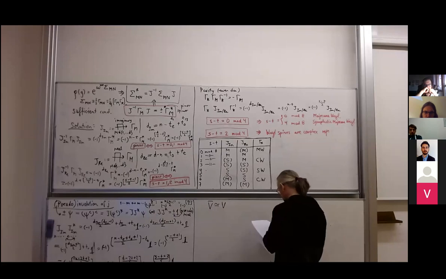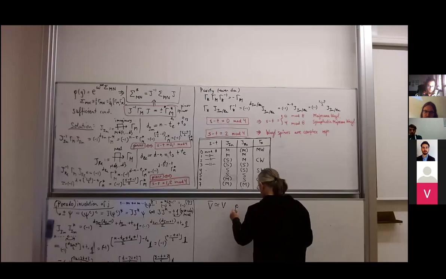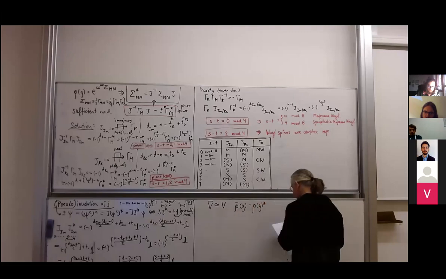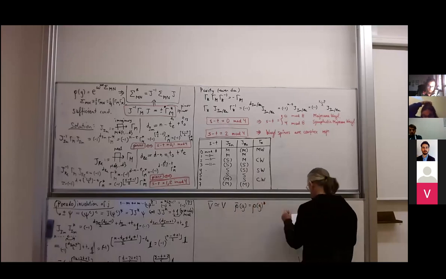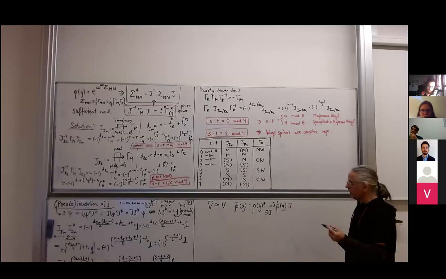In this case, the complex conjugate representation is of course given by rho(g) complex conjugate, and the equivalence here means that there exists a J such that rho(g) complex conjugate is equal to J inverse rho(g) J. So now we go the other way around. Now we are saying assume this.